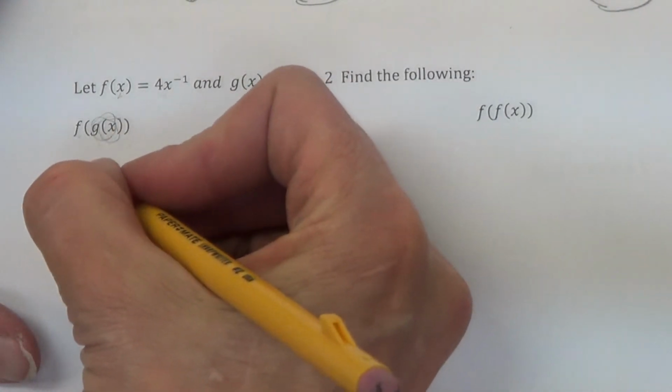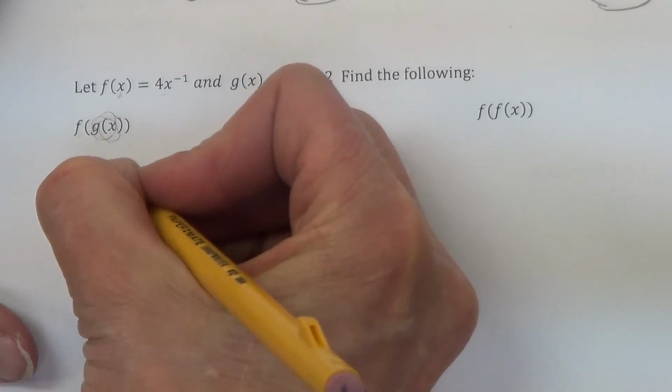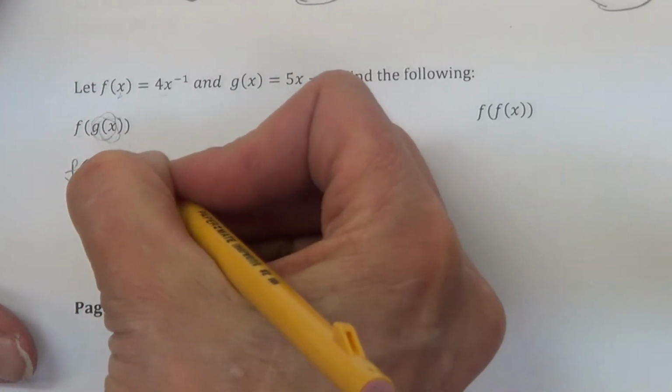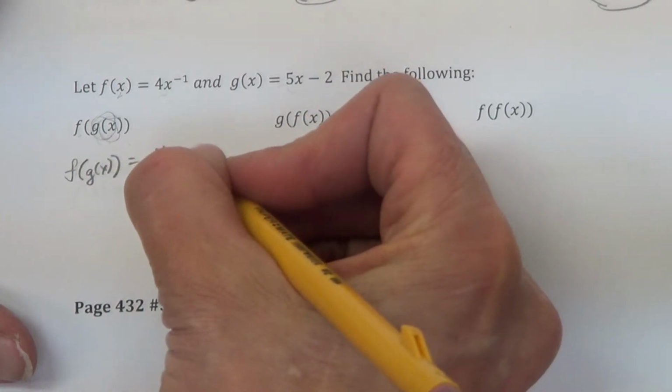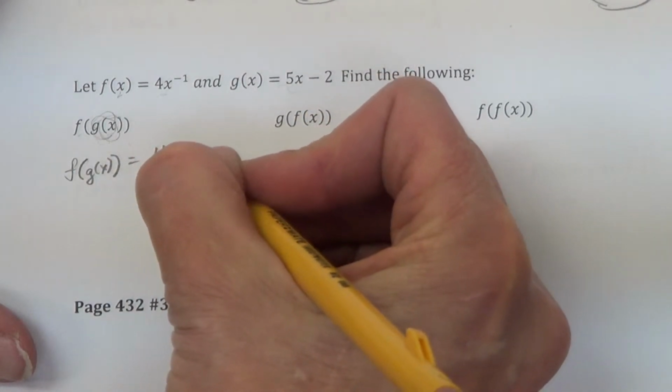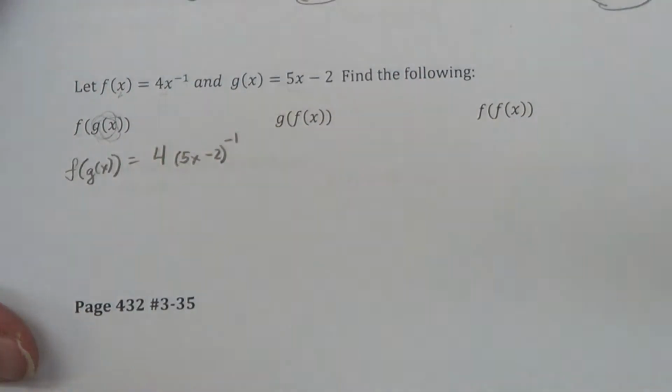So we do f of x with g of x, which is 4 times 5x minus 2 raised to the negative 1.